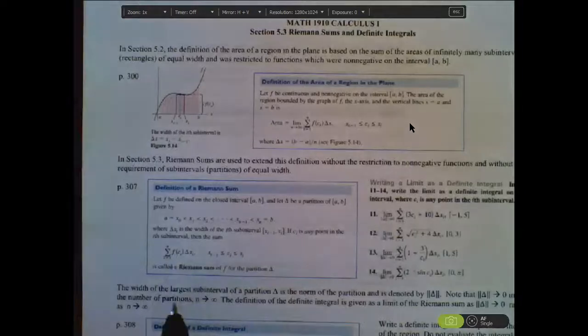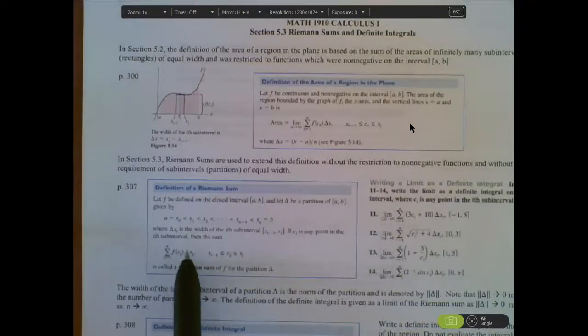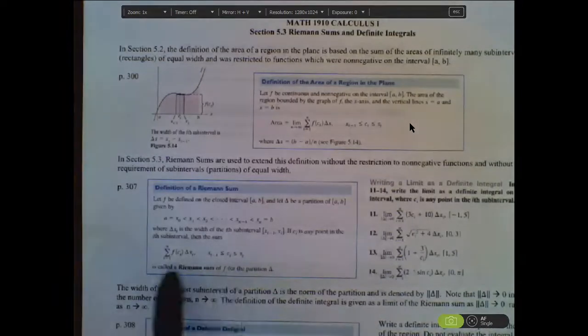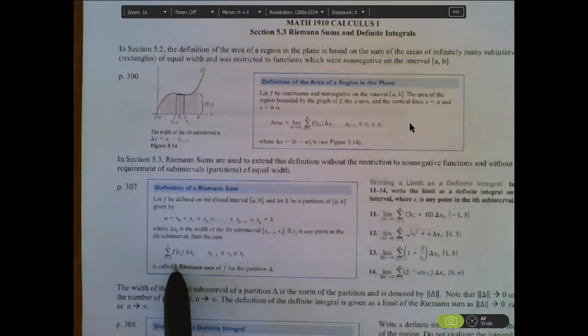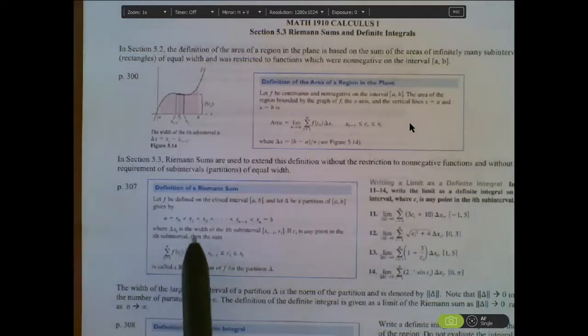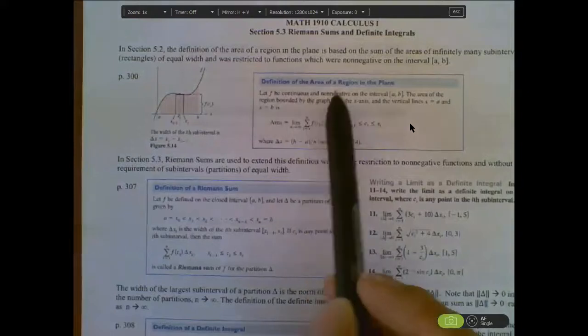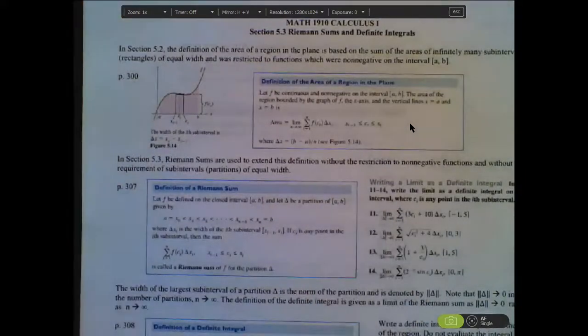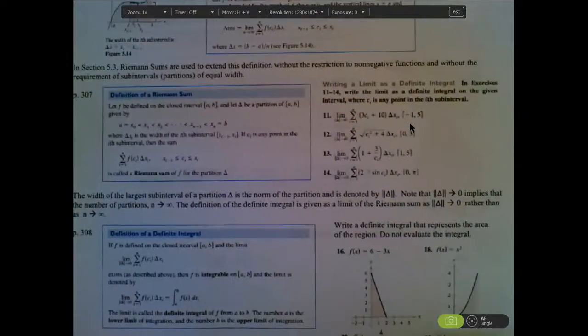In the Riemann sum, f of c sub i is still the height of the ith rectangle, and delta x sub i is still the width of each rectangle, but all rectangles don't have to be the same width now. So a Riemann sum is just an extension of this definition to include where the function's negative and the fact that all rectangles don't have to be the same width.